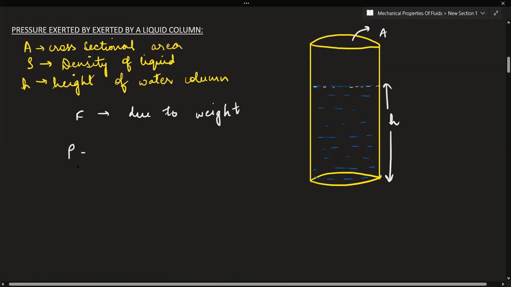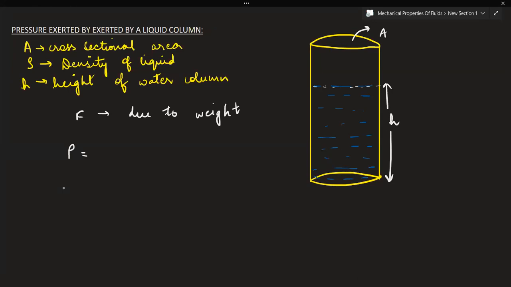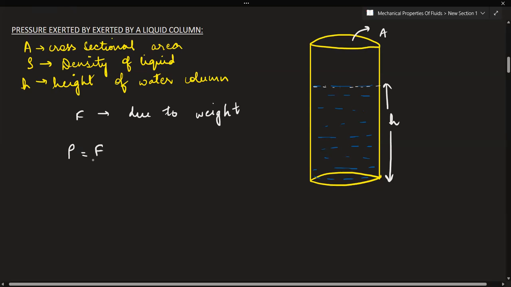Now, can you tell me the formula for pressure? F by A, ma'am. Yes, exactly, F by A. And see, force is due to weight, means mg.